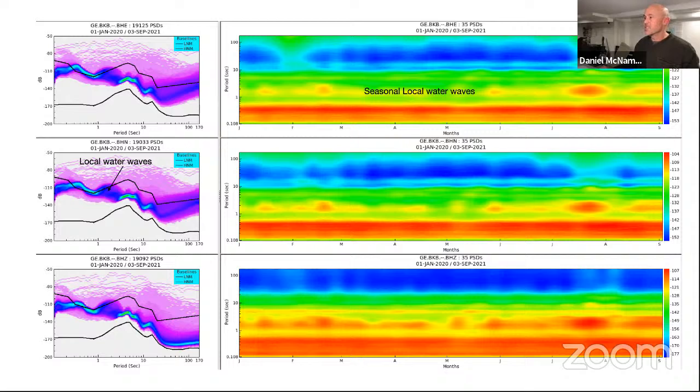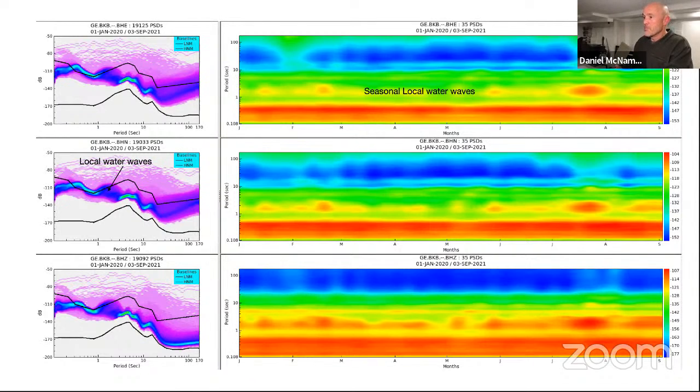It's probably related to storms out, maybe cyclones, something like that, or just general storms during the winter. It looks like April, May, June are the lower levels. August, September are fairly high in that 1 second period. So you can see a fairly strong month-to-month seasonal variation of that noise level that I'm labeling local water waves.